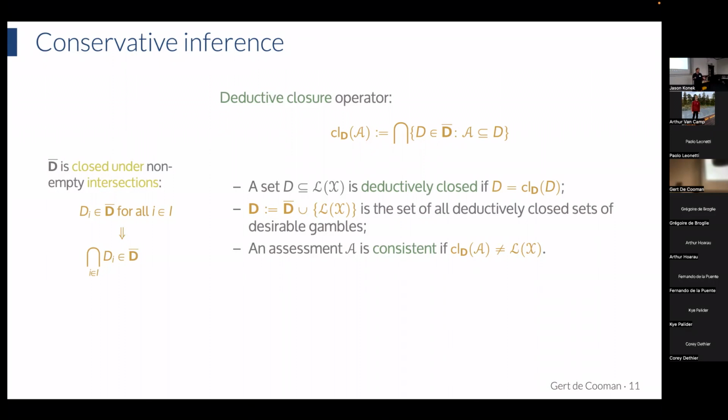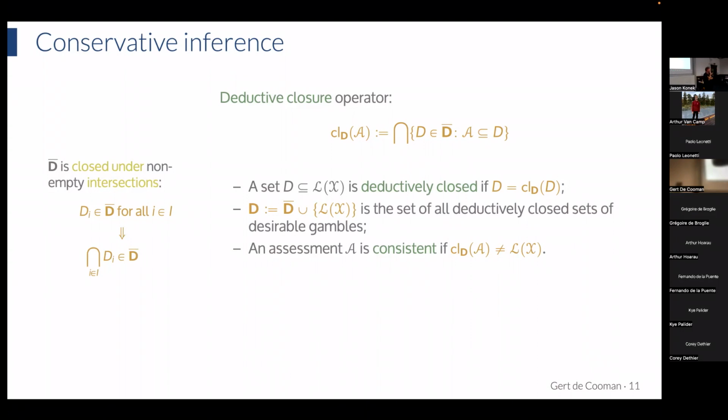And so what are the deductively closed sets? There are two kinds. The ones that are coherent, and then the ones that include zero. Because the set of all gambles is also deductively closed. If I take the set of all gambles, then when I use the deductive axioms, I will keep adding gambles, but they're already in there because all the gambles are already in.